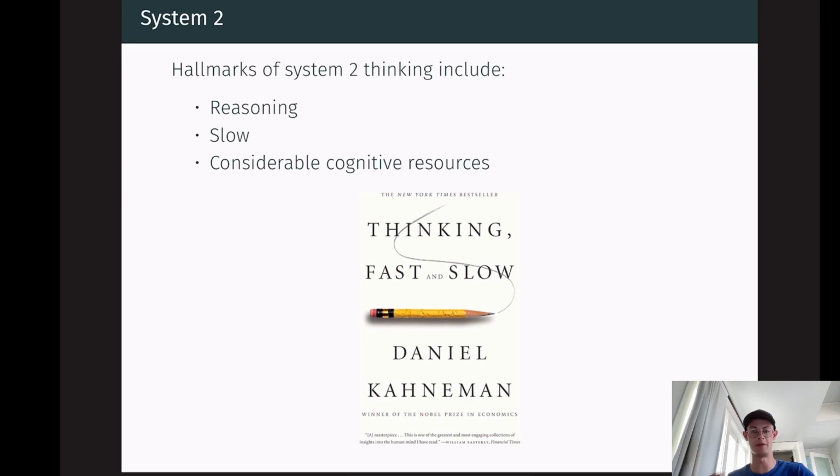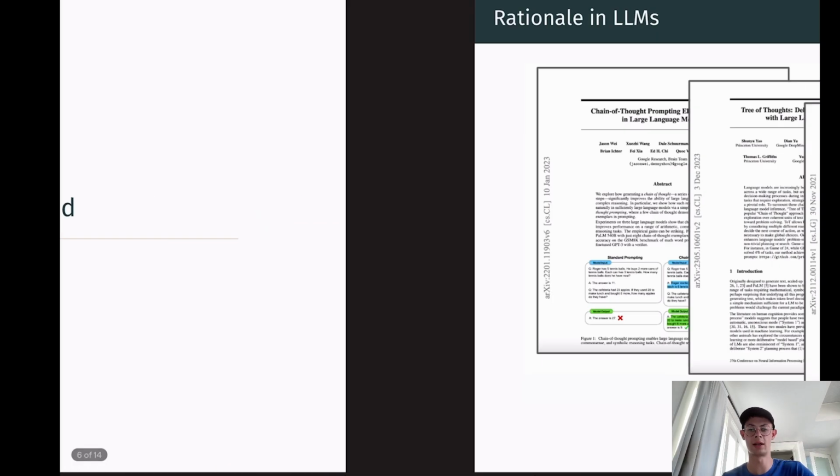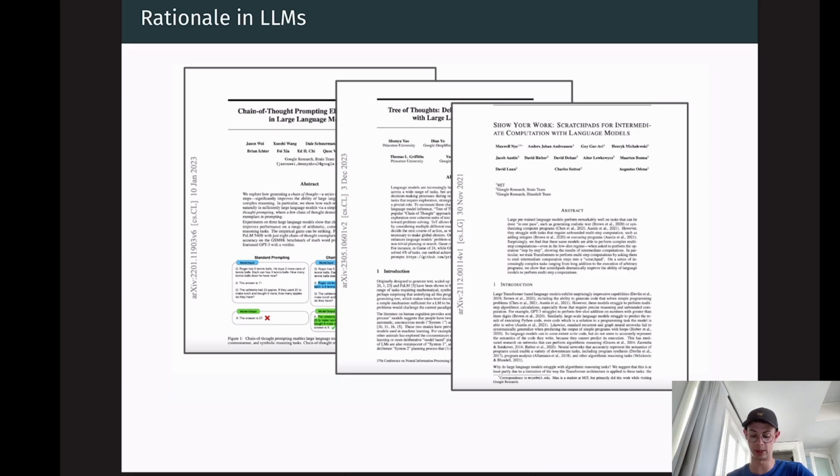And so there have been various attempts to architect or instill this System 2-like thinking into LLMs. A couple of these papers have been the chain of thought paper, the show your work Scratchpad paper, and the tree of thought paper, building on those. And this looks like explicitly instructing the LLM, let's think step by step, giving it a Scratchpad to show its working, or using a tree of thoughts.